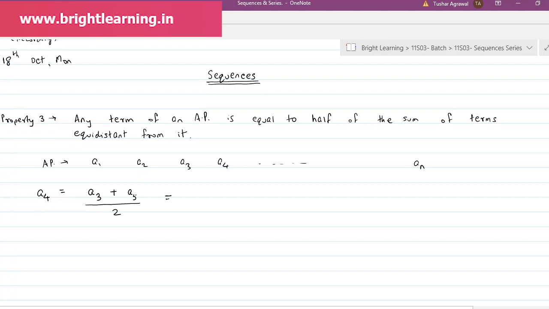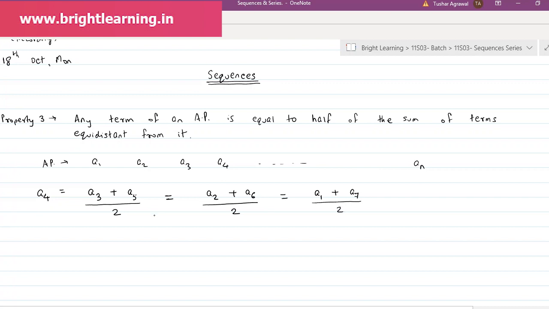Or you can also write it as 2 terms prior, A2, and 2 terms later, A6, their addition upon 2. Or the third previous term, A1, and the third successive term, A7, upon 2, and so on.